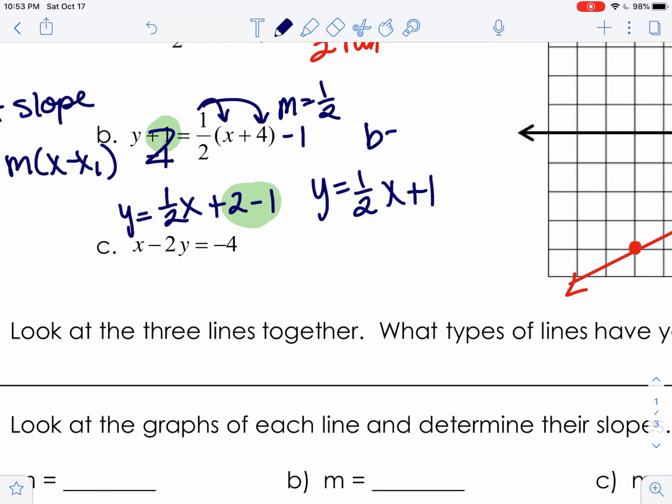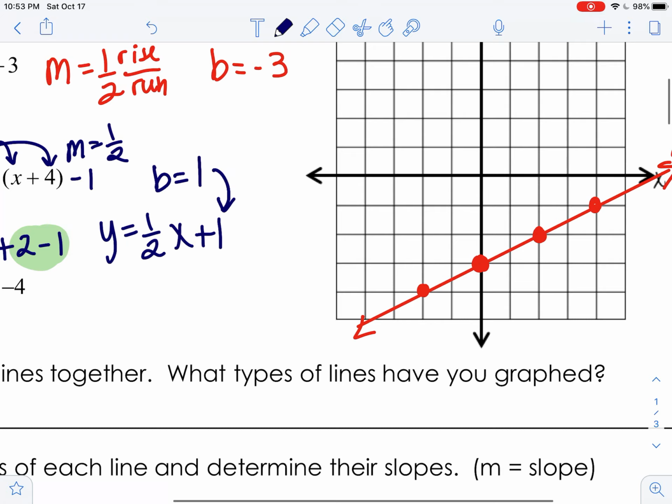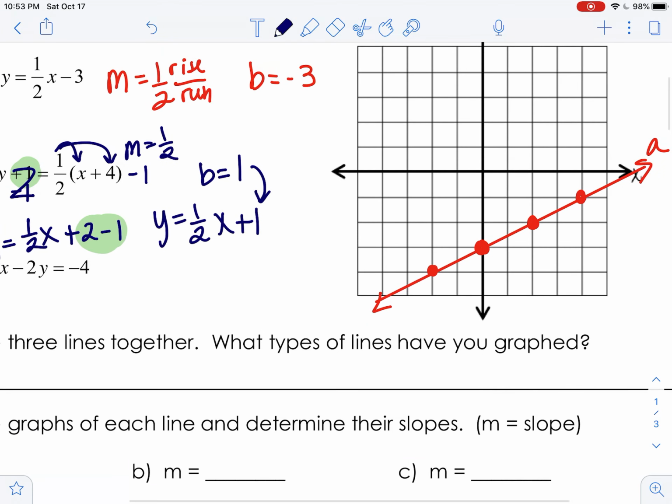Again, our slope is 1/2, and now we have our b, which is 1. So we come over here and we plot that. Oh, sorry, not a plus 1. Yes, plus 1, sorry, my brain.